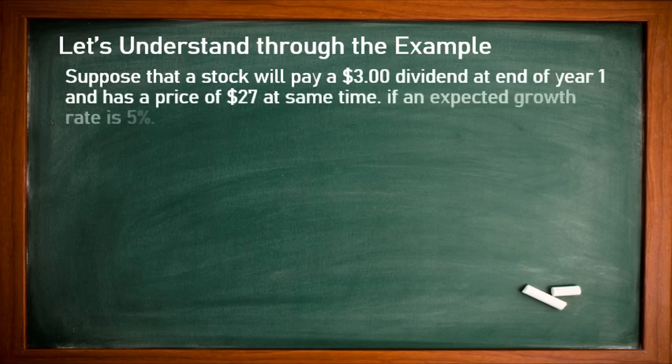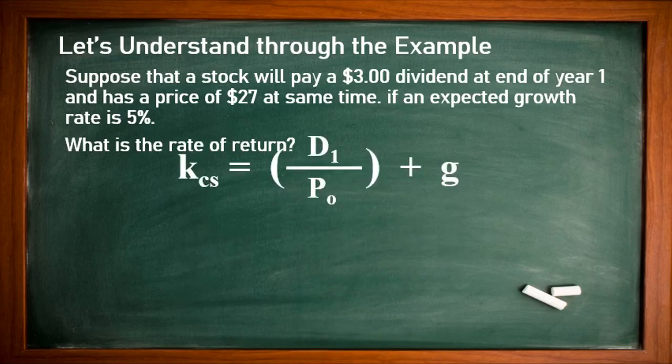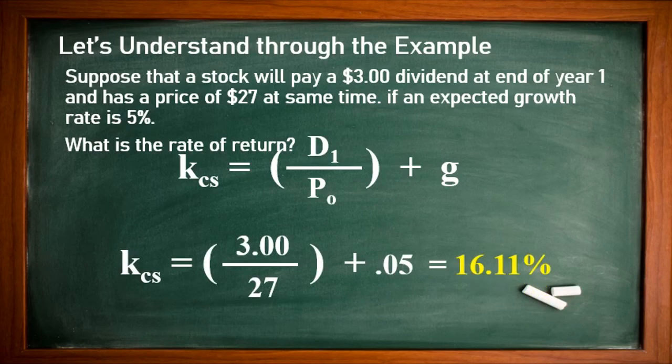Suppose that a stock will pay a $3 dividend at time 1, meaning after 1 year, and has a price of $27. If the expected growth rate is 5%, what is the rate of return? So here we are going to calculate the rate of return. We will use the direct formula KCS is equal to D1 divided by P0 plus growth rate. So let's put in the values.